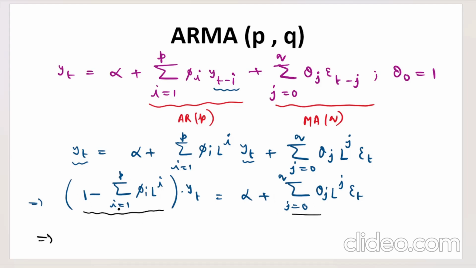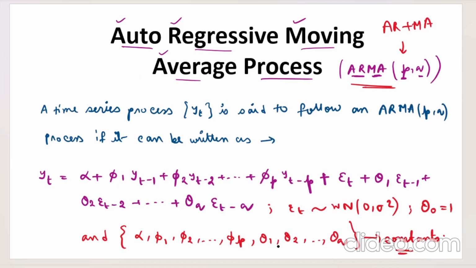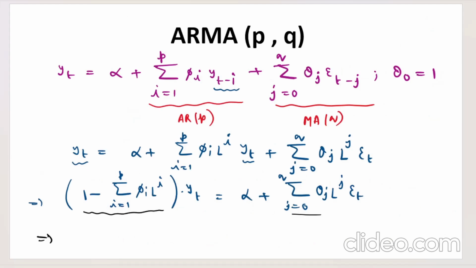So what you can write, and this is a function of only the lag operator L, because the phi's are constants, which I have mentioned in the definition here, that all the thetas and all the phi's and alpha are all constants. So the term in the brackets is a function of L only, right?